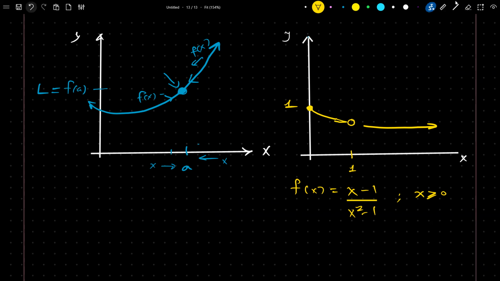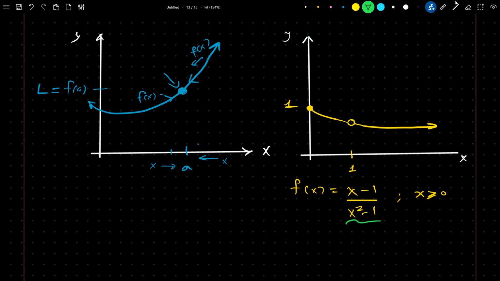Let me try to draw it a bit better here. Okay, great. So we can't have x equal to 1, of course, because if we have x equal to 1, then our denominator and our numerator would both be equal to 0.